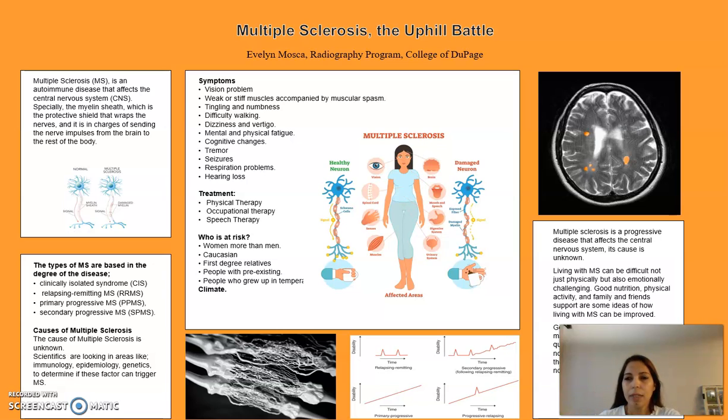MS is a progressive degenerative disease that affects the central nervous system. The cause is unknown and it is also very unpredictable, meaning that living with MS can be difficult, not only physically because of the symptoms that it causes, but also emotionally challenging because people with MS don't know what the course of the disease will be or how they will develop.